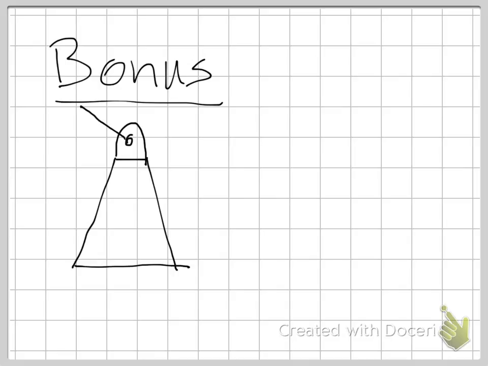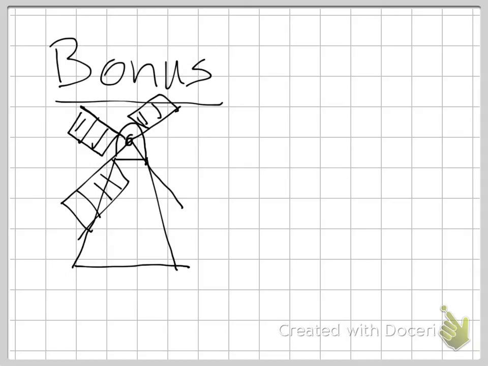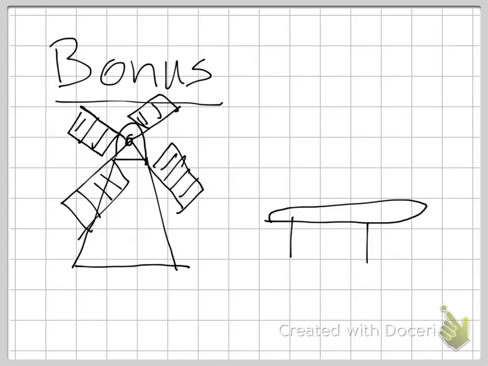We got a windmill here. Let's give it 4 blades. What the heck? Right, draw some little things on there, kind of like that. Little blades. Right? And then we could have a little horse over here, right?